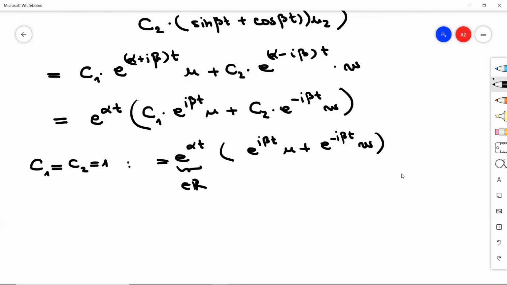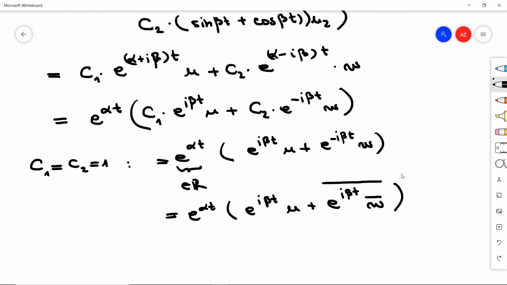This is e to alpha t times e to i beta t u plus e to i beta t w conjugated, everything conjugated. I use this conjugation to get rid of the i, and since I then also conjugate w, I have to conjugate it again so that nothing changes.